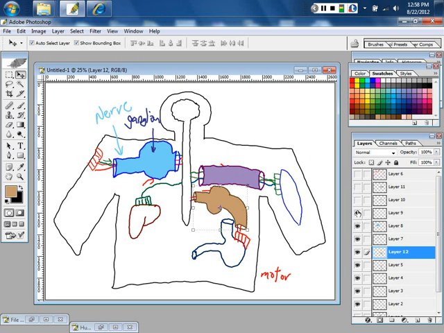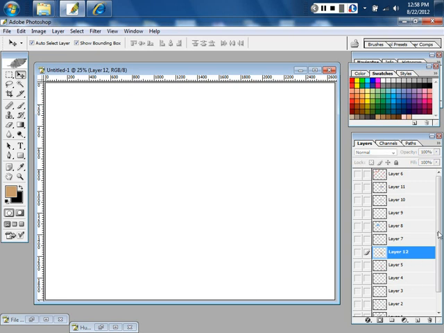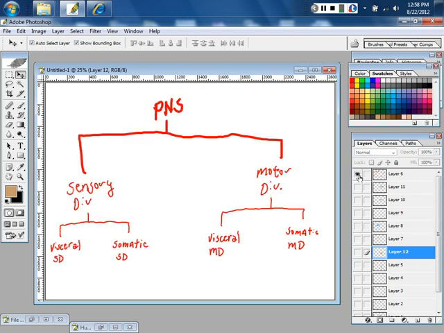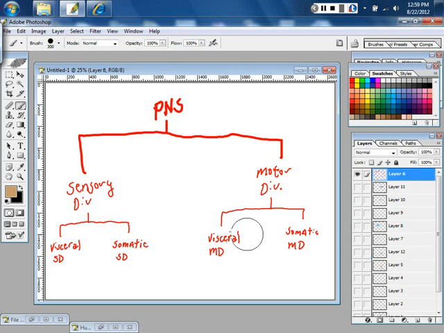Let's go back and look at our chart here. It's this one, the one that tells your organs what to do: the visceral motor division.